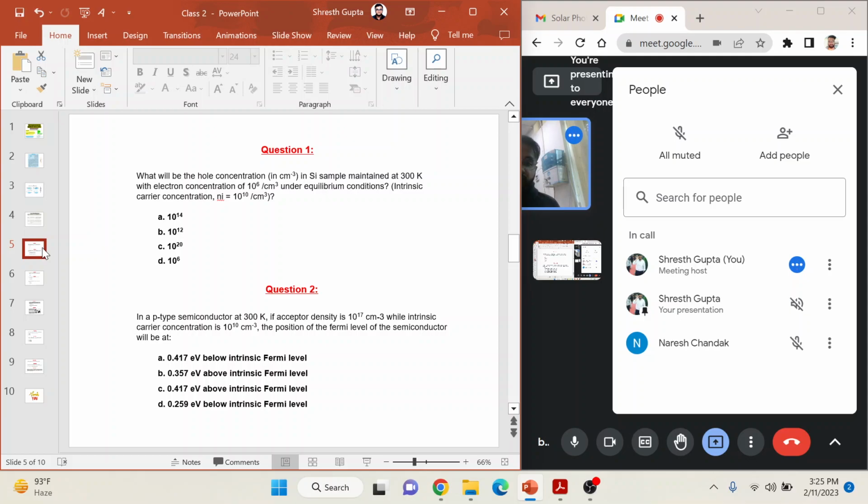You have 3 minutes to give the plausible answer if you can solve this question, and if not, then I'll tell. Don't worry about it. You can type in the chat box if you know the answer.